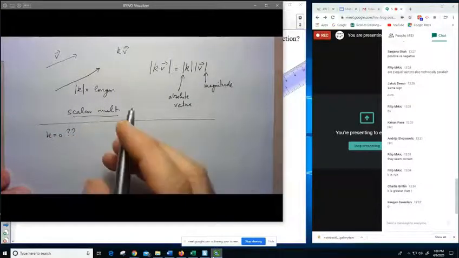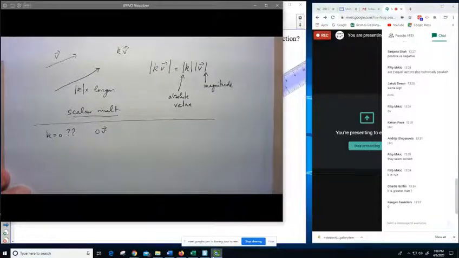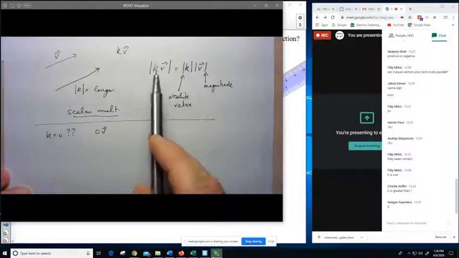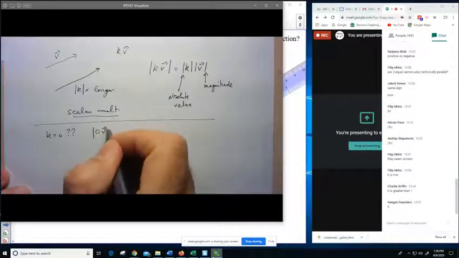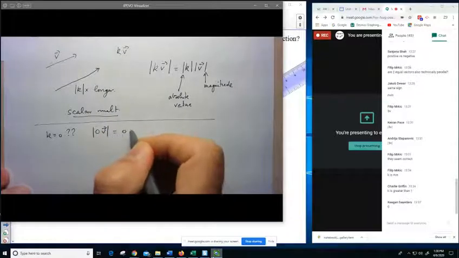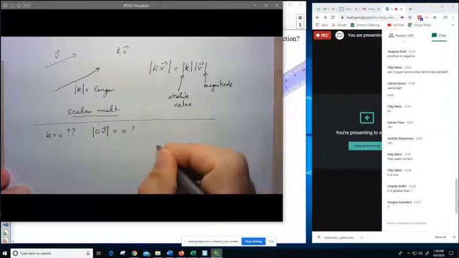So what does it mean to have 0 times the vector v? Okay. Well, if I use this definition for the magnitude, it tells us that 0v must have a magnitude of 0. Okay. But what does it mean for a vector to have a magnitude of 0? So if this is my starting point, where's my ending point to this vector?